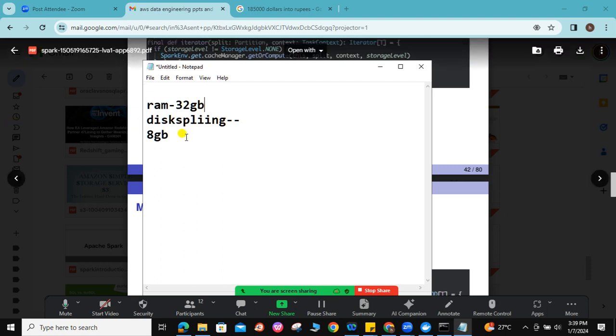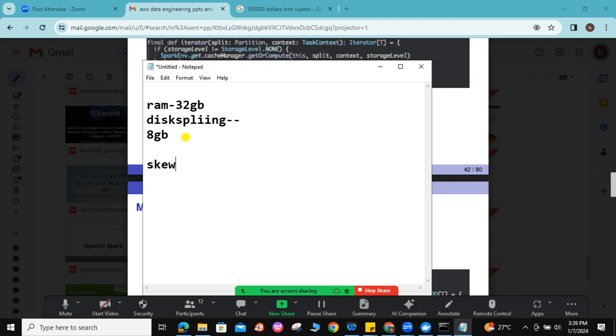What do you mean by skewness? Skewness means in your 100 partitions, only 40 partitions are utilized properly. In the other 60 partitions, it is underutilized. Overutilized, underutilized: imbalance of partition of data.